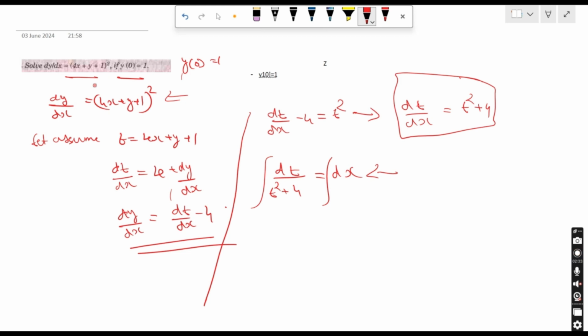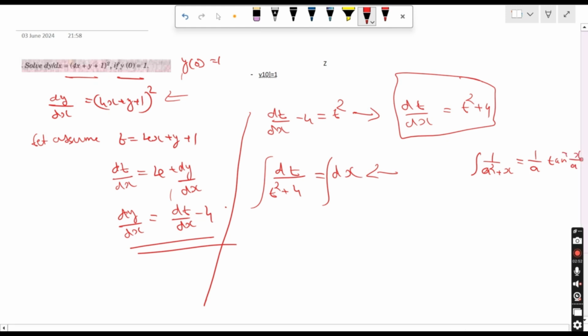In the left hand side we have a general term: integral of 1 by (a square plus x square) is equal to 1 by a tan inverse of x by a.